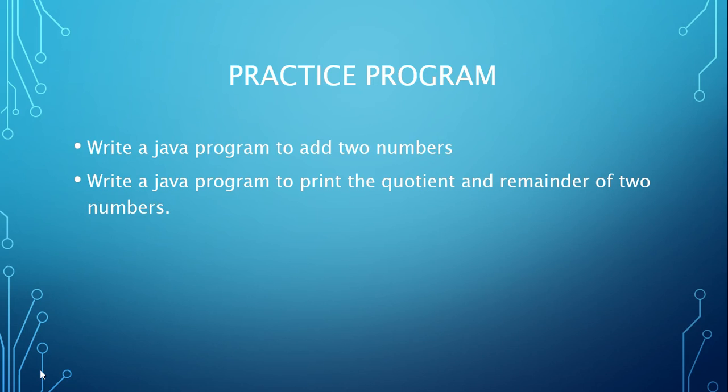Let's give any of our own values to the variables, add them and show the answer. And the second would be a Java program to print the quotient and remainder of two numbers. You will have two variables, two integers. You need to divide them and print their quotient as well as their remainder.